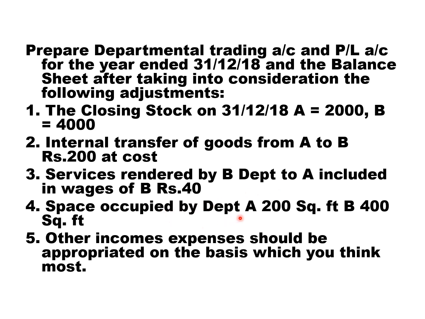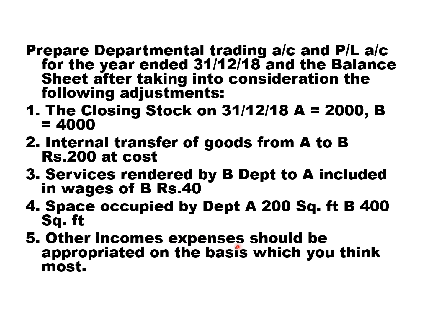Space occupied by department A 200 square feet and B 400 square feet. So this is the information that will help you to distribute the rent 1:2. That is 2 ones are 2, 2 twos are 4. So rent should be distributed in 1:2.